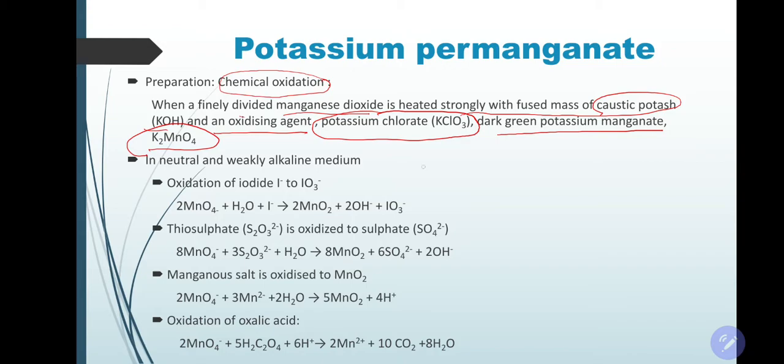So you heat finely divided manganese dioxide, fused with KOH, in presence of an oxidizing agent, and it gives you KCl plus K2MnO4.